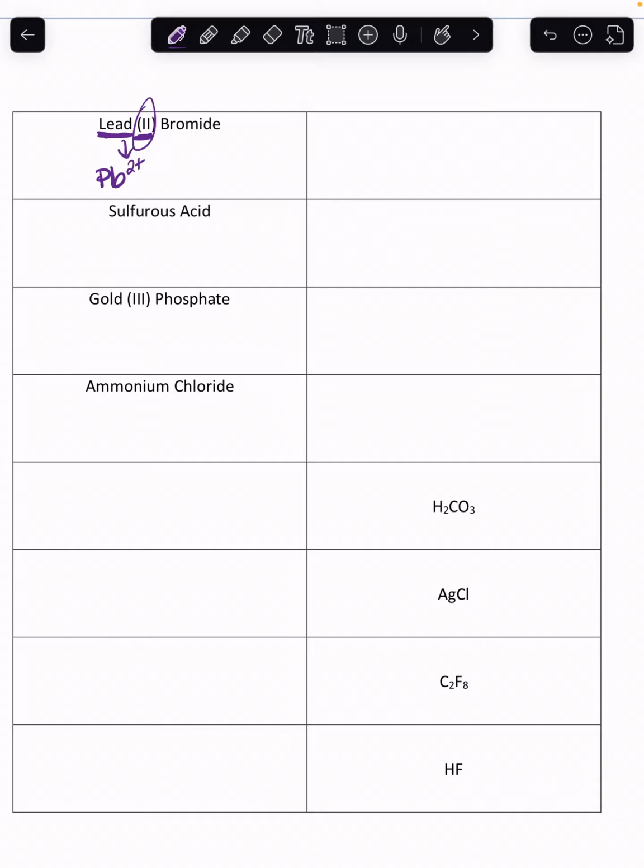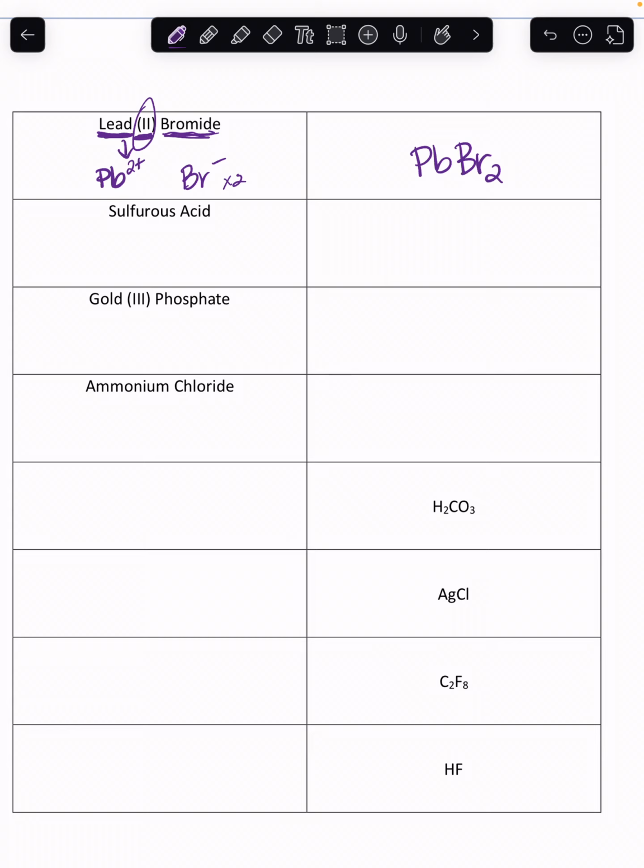Then I go to my periodic table and find bromine, because bromide, bromine. I see that it has a -1 charge. To balance this, I'm going to have 2 bromines. When I write my formula, it'll be PbBr2. Lead 2 bromide. Okay, next one.